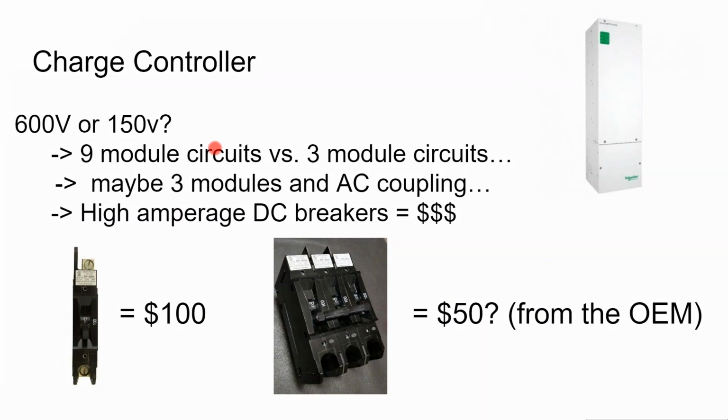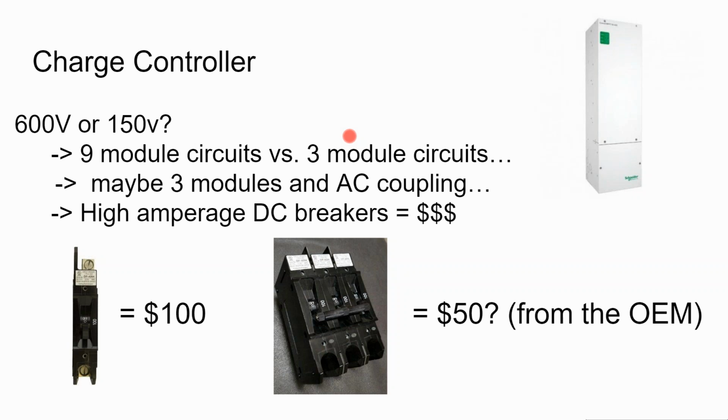And so what that means is normally on a 600 volt circuit, you're going to go up to 9, 10, or 11 solar panels. On a 150 volt circuit, you may only have 2 or 3 solar panels. And so if I'm doing a 50 panel system, my choices, I could either have 6 circuits on my system, or I could have 18 circuits on my system.